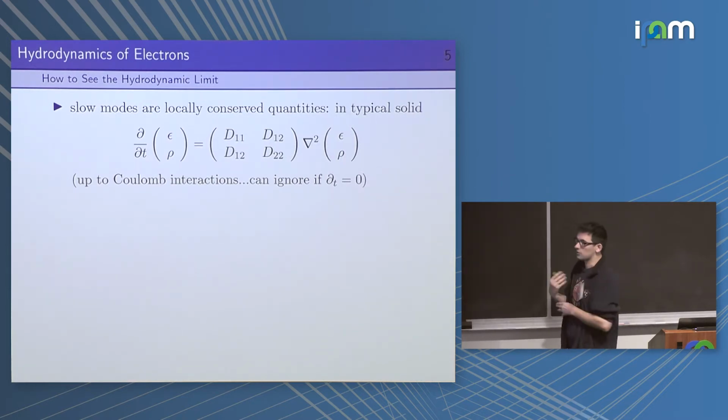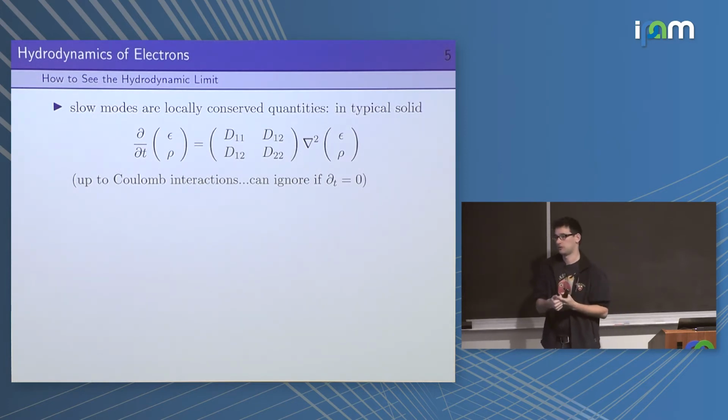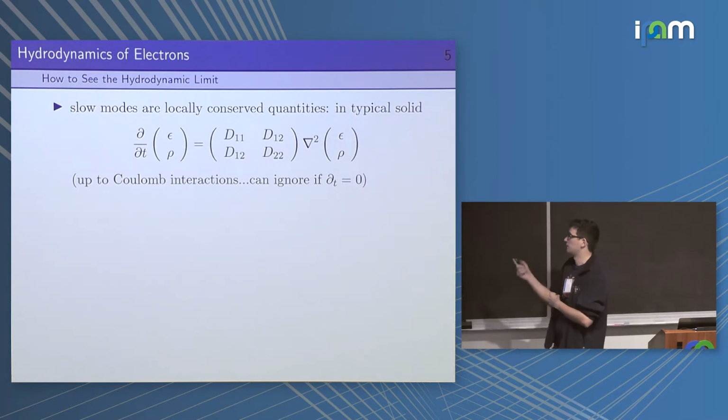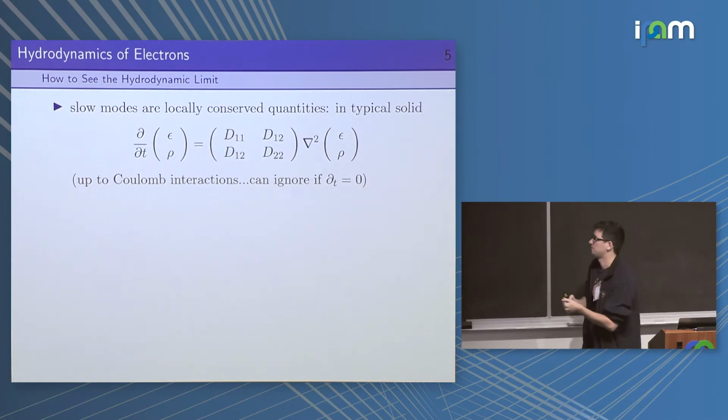And in a typical solid, we can think of two conserved quantities. Okay? We have the local charge, because electrons can't be created or destroyed, at least at these energies. And we also have energy. Okay?